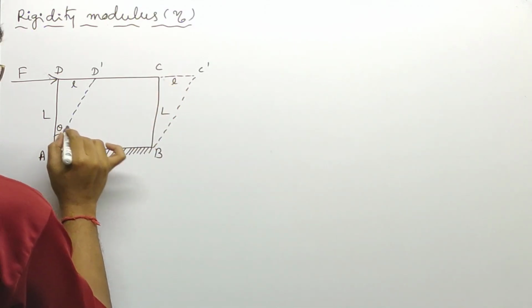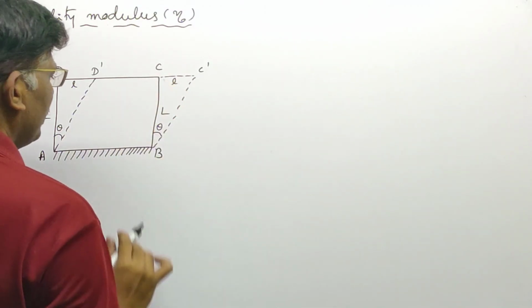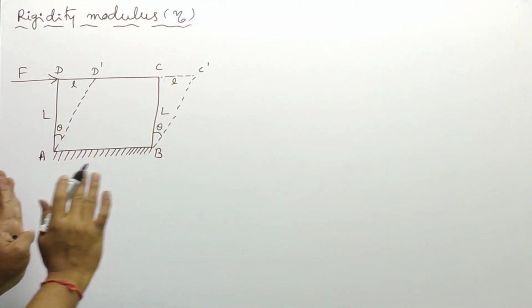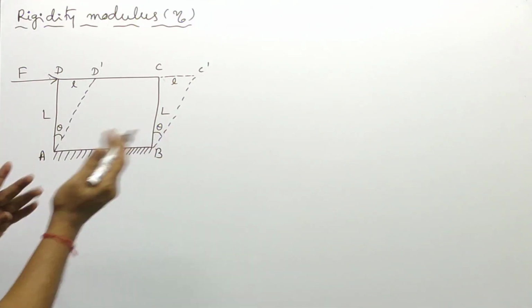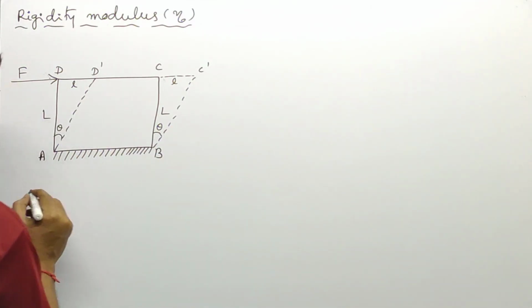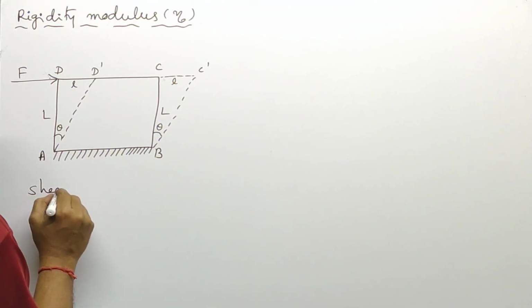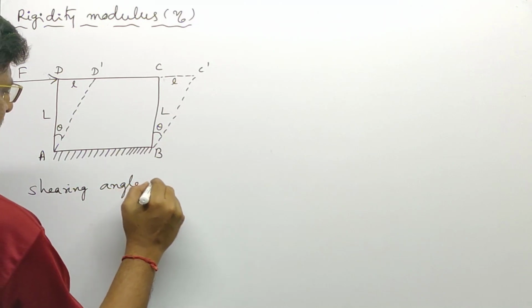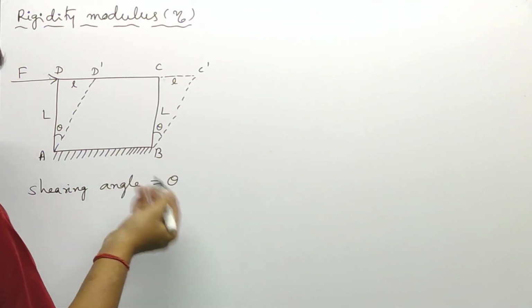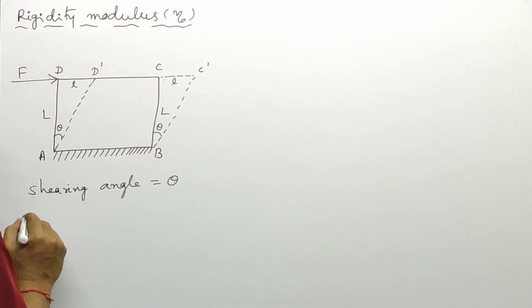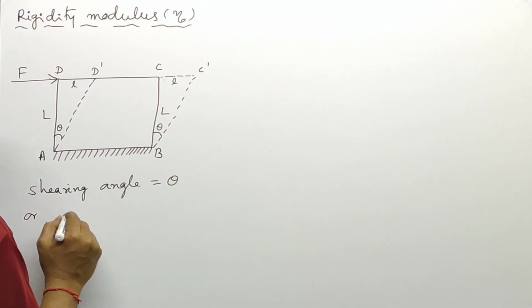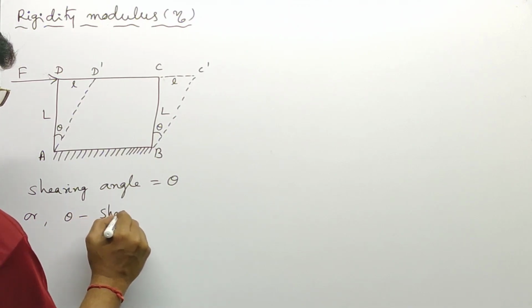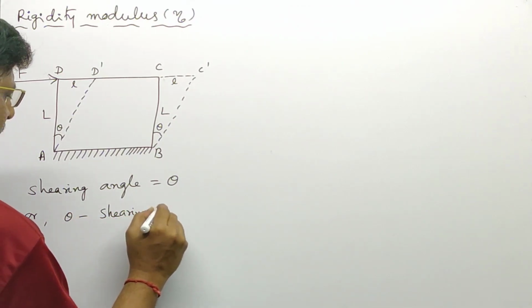Here the angle through which the body is sheared, the shape of the body changes to that particular new shape. So the shearing angle is equal to theta. This theta is also called shearing strain.